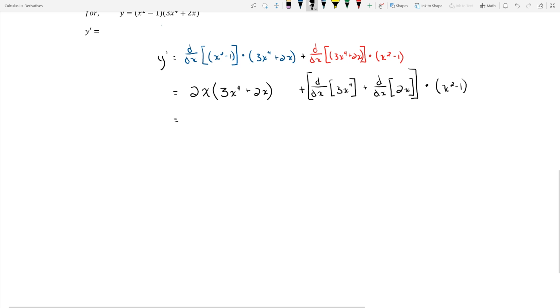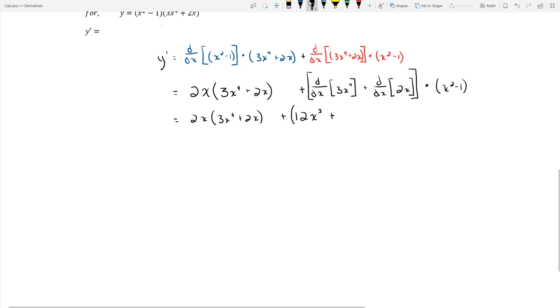So let's continue to bring this down. So we have 2x times 3x to the fourth plus 2x, plus the derivative of this first one, 3x to the fourth. Well, that's 4 times 3, that's going to be 12. I'll put a parenthesis here just to get in the habit of it. And that's going to be 12x to the fourth power minus 1, that's just 3.